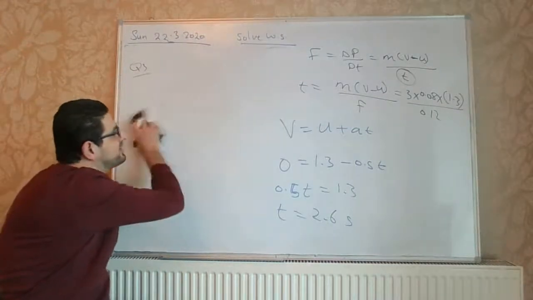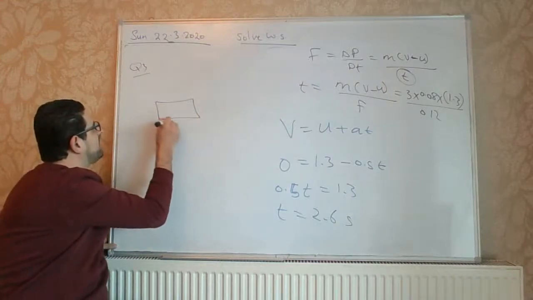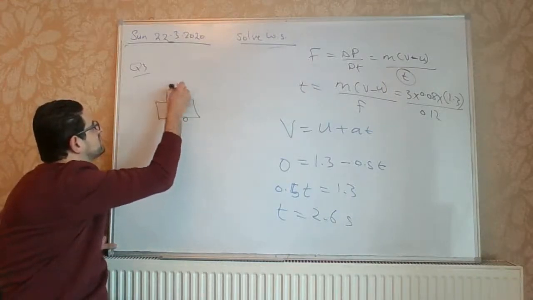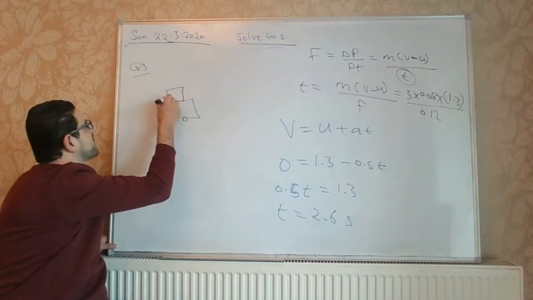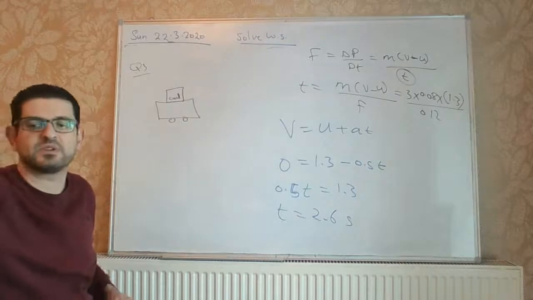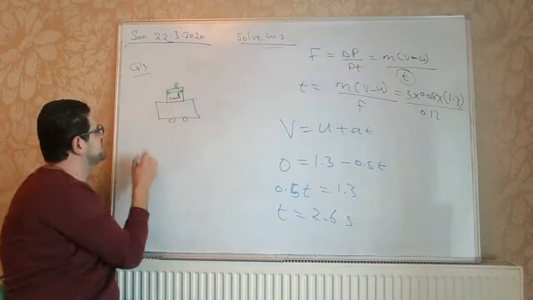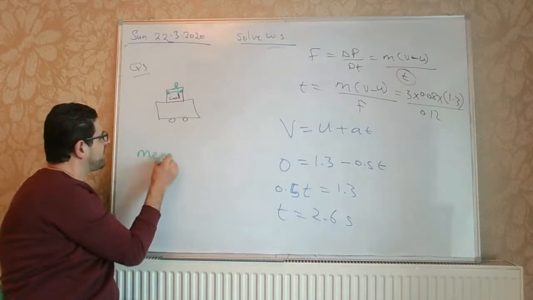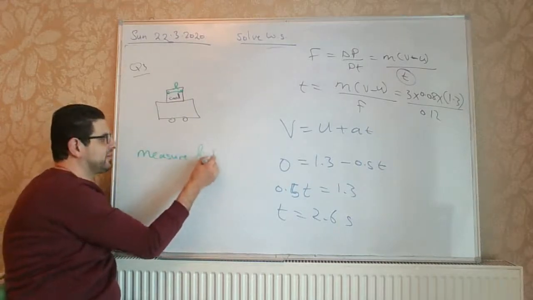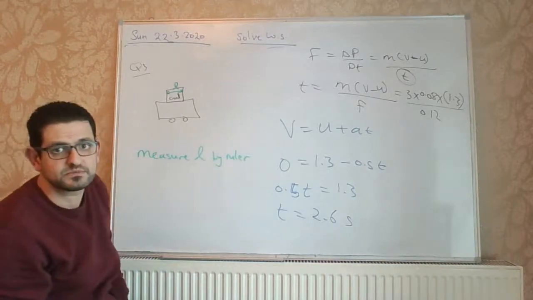The trolley is here, and it says you may draw on the diagram. You put a card here. You measure the length of the card by ruler, L, by meter.